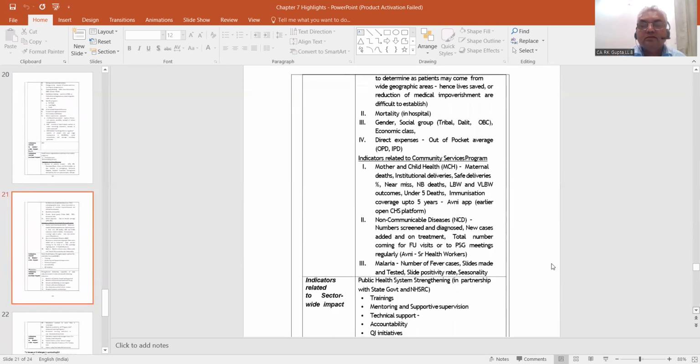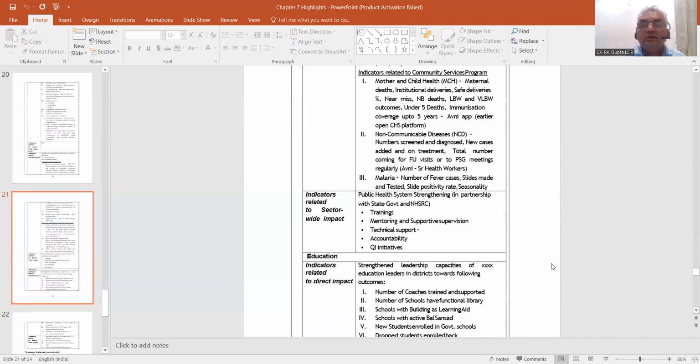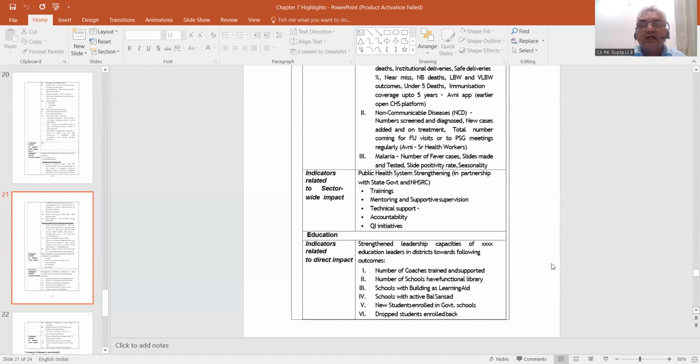Then there are indicators related to direct impact.